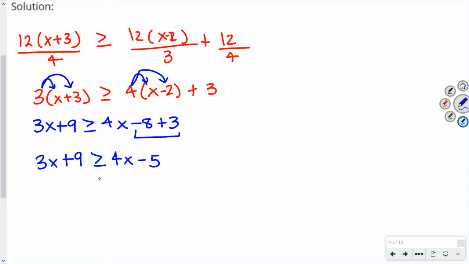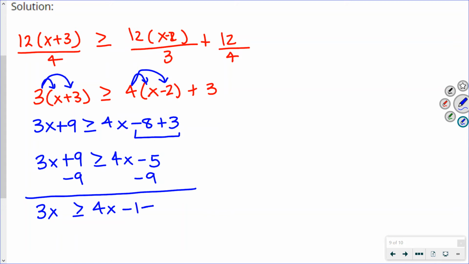Now remember, we want all our x's on the left side, so I'm going to move anything that doesn't have an x to the right side. So the inverse of a positive 9 is a minus 9. We're going to have a 3x. 9 minus 9 is 0. Negative 5 minus 9 is negative 14.